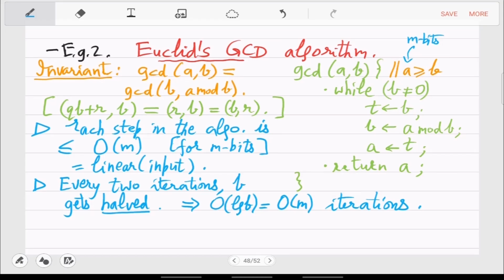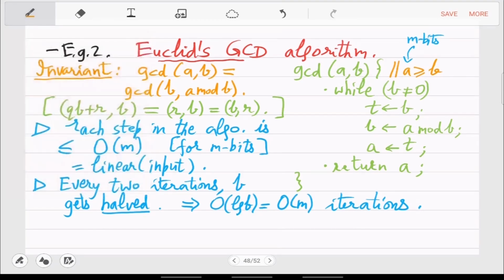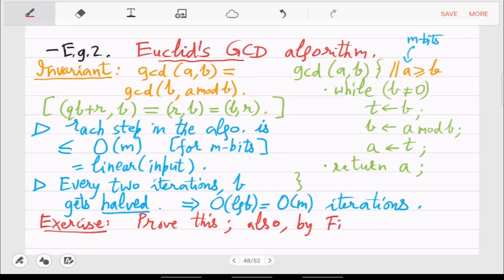This will give you even fewer iterations, also by using the Fibonacci sequence or recurrence.